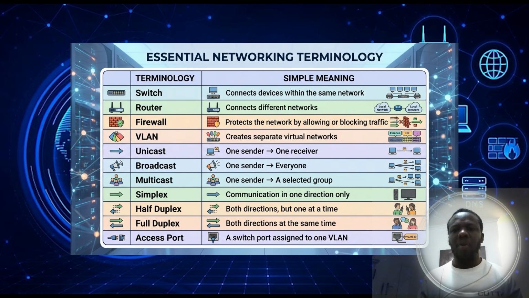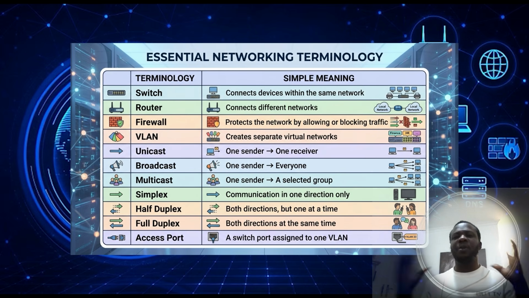All right. Essential terminology that we've learned today so far. Number 1, switch, which connects devices within the same network. Number 2, router, which connects different networks. Firewall protects your network by allowing or blocking traffic. It controls who accesses and who leaves your network.